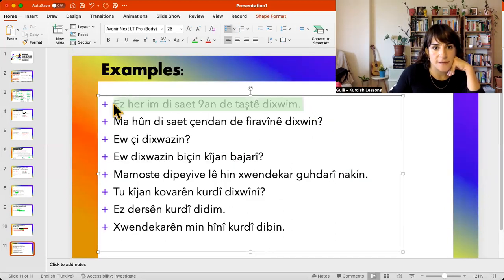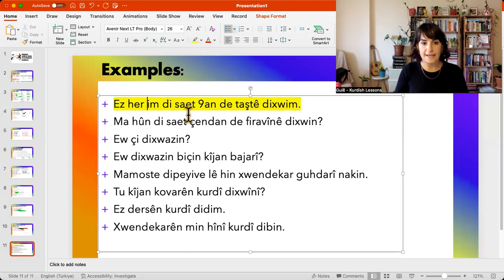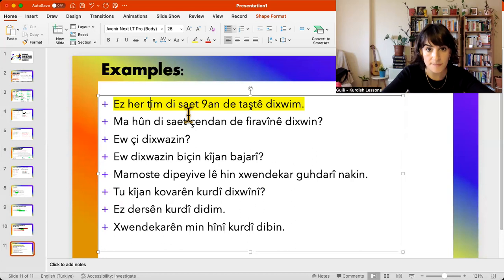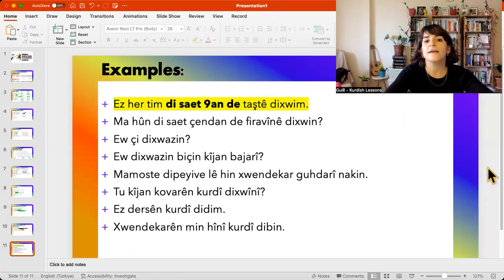So the first one: "as hartem, the saat nahande tashte dixum." I always eat breakfast at 9 o'clock. Here tashte dixum: tashte is the direct object, what you eat. It's before the verb.